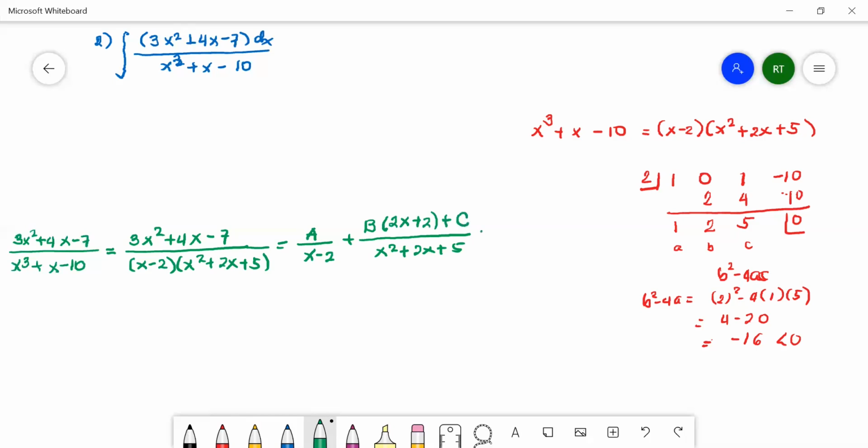And of course, we can also write this as A over x minus 2 plus B times the quantity 2x plus 2 over the quadratic factor x squared plus 2x plus 5. Since we're done with factoring, let me erase this.